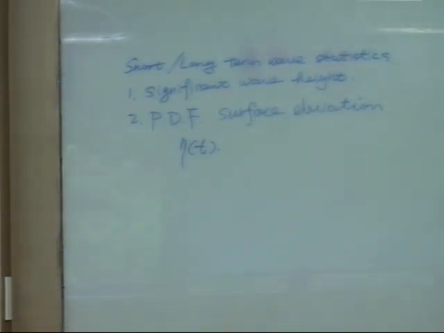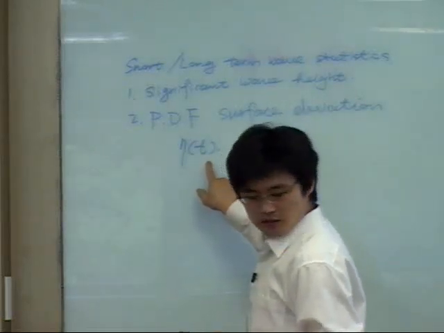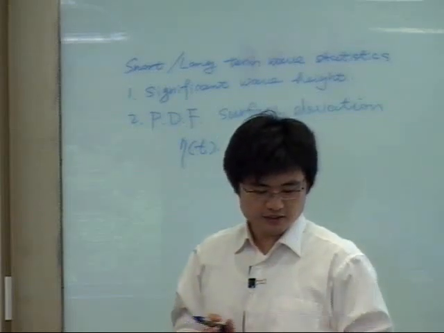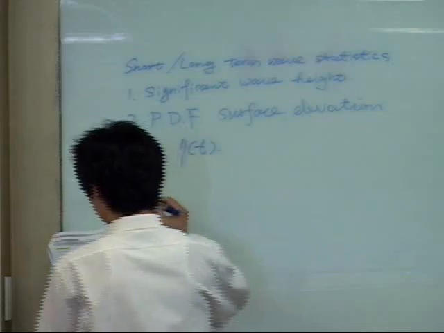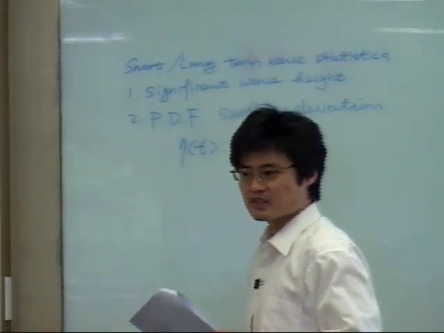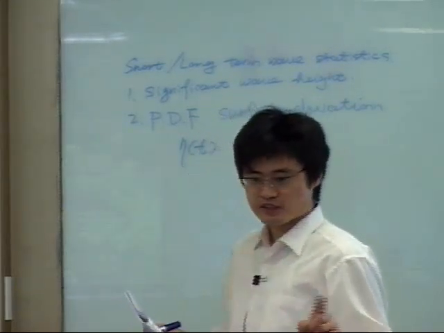This is a continuous profile, but in measurement we have many points along these curves. Okay, if we plot this, we do statistical analysis, we'll find the distribution of the surface elevation follows a Gaussian distribution, which is the normal distribution, with zero mean.